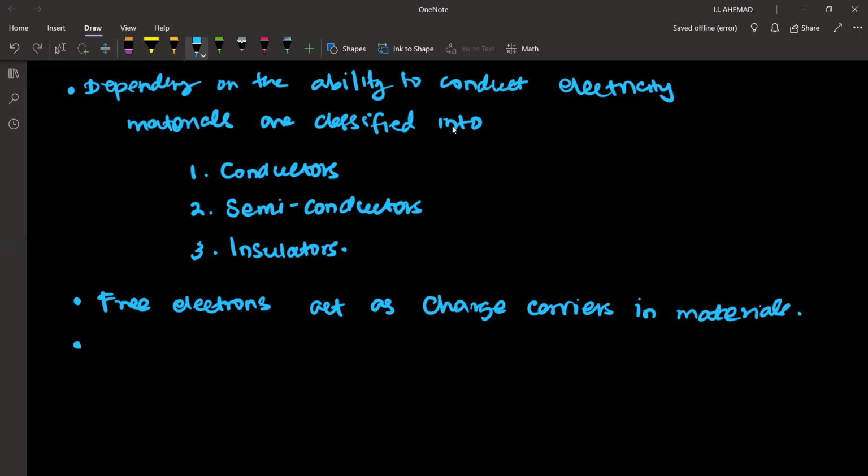Then what can you tell about the free electrons in conductors? It is high. Next, it is high for semiconductors. And finally, we might have a few charge carriers or none in a unit volume for insulators.